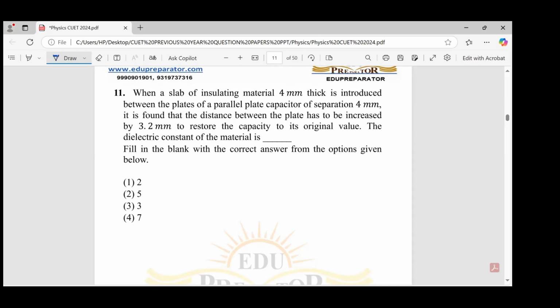Now this question involves a very important point, so you have to read it carefully. It says an insulating slab of 4 millimeter thickness is put into the capacitor, which has a gap between the plates of 4 millimeter. So the gap is the same. It means we have the formula C medium is equal to K C vacuum, where K is the dielectric constant.